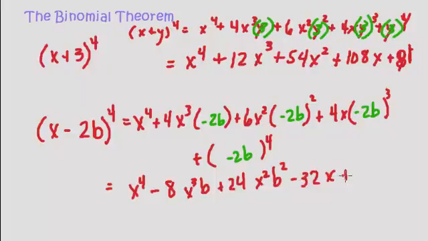And then I'm going to have negative 2 to the fourth is 16b. Oh, I forgot my b cubed. Get in there. Alright, and then b to the fourth. All done. And that's all there is to it. Of course, if x were something other than x, you would just replace x, just as I've done y. It's really similar.